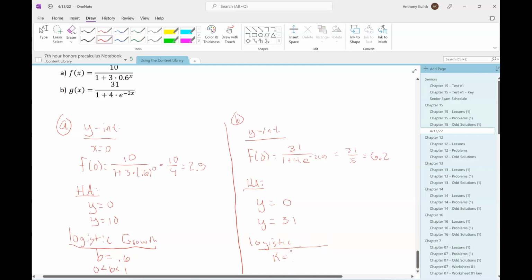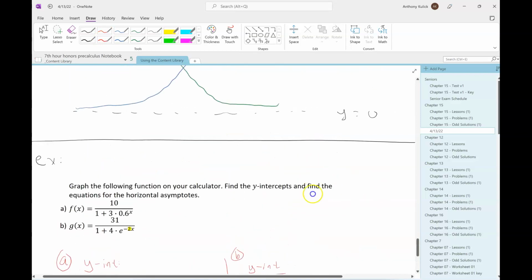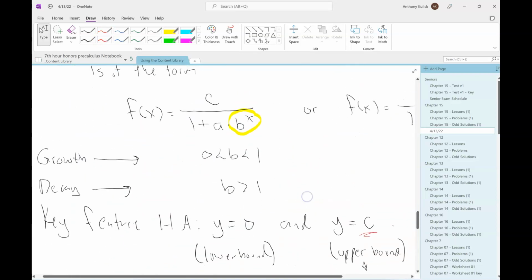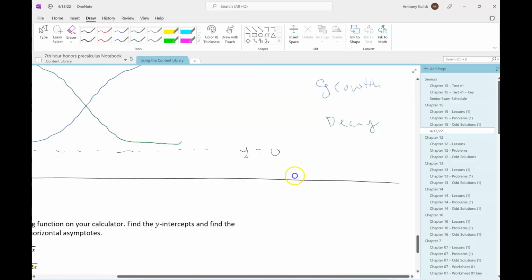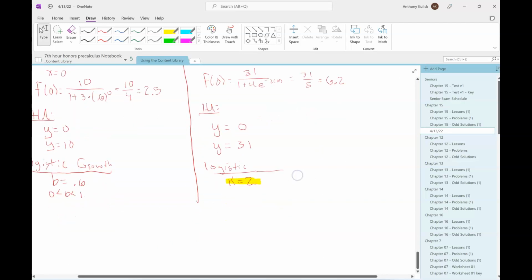That's going to be the thing that tells us. The k here is 2, right? Not -2. Remember that the negative sign, as John so clearly pointed out with his observance, was part of the formula. So based on our criteria, since the k is positive, this should be logistic growth.